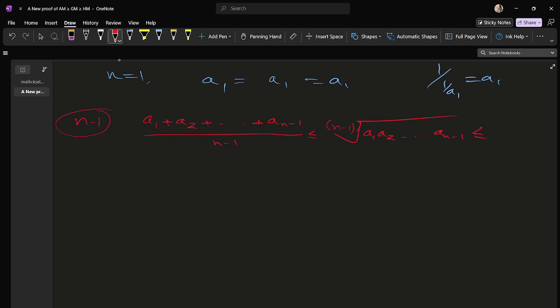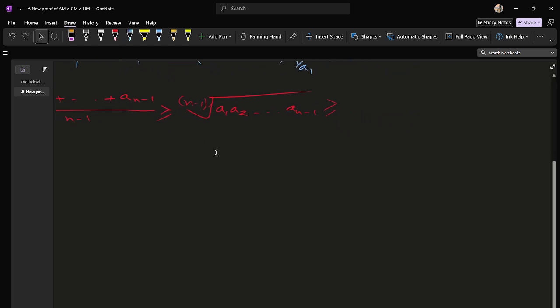Then less than or equal. Okay, I am writing wrong here. That will be greater than or equal to n minus 1 by the harmonic sum.